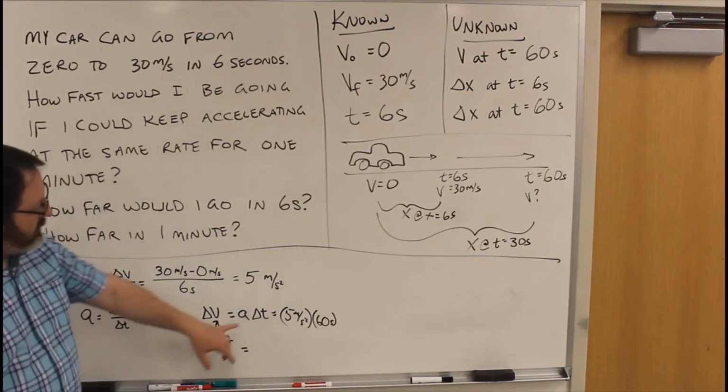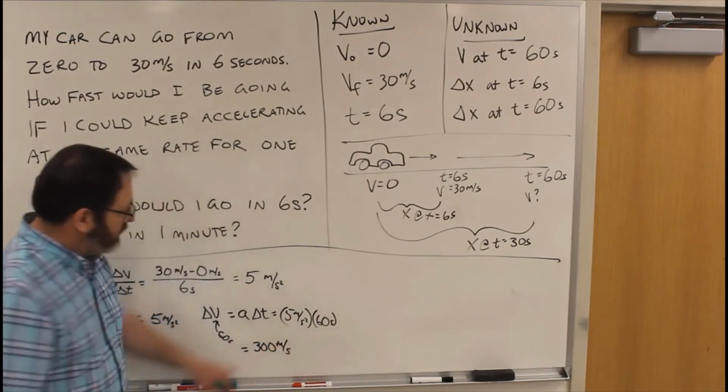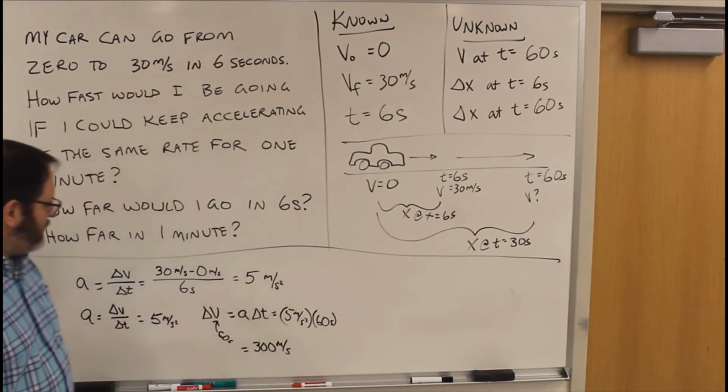So the delta V would be 300. 300 meters per second, because one of those seconds cancels.